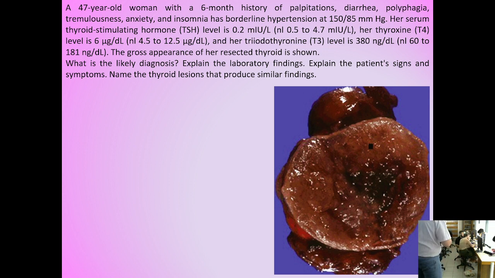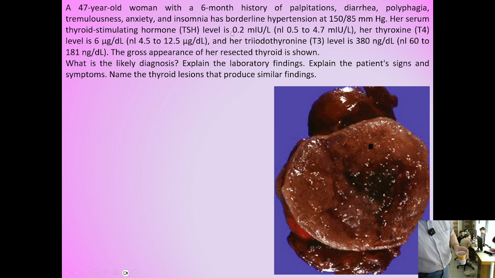So such a lesion, such an adenoma, could be toxic. However, its appearance in the scintigraphy will be exactly the opposite as the one we saw. If it is hyperfunctioning, it will be very black because it will take the radioactive iodine. So, and we have borderline hypertension.